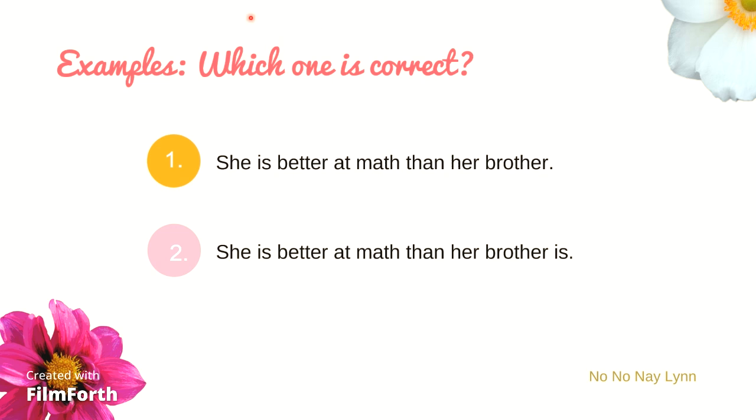So number one actually causes a lot more confusion compared to two. Why is that? So let's take a look. She is better at math than her brother. Generally, this is a complete meaning and you already have closure. It's pretty clear. But if you want to get a little more skeptical about it, you could be comparing anything.